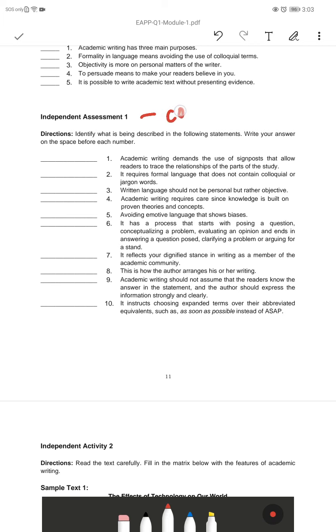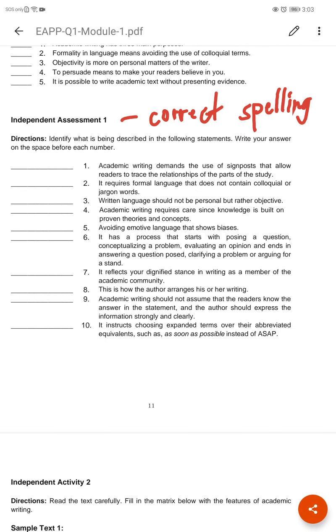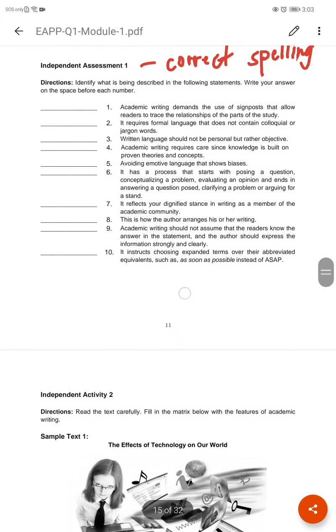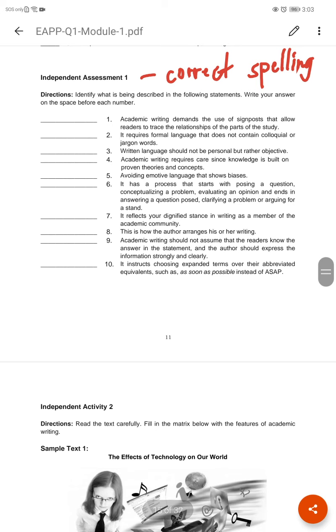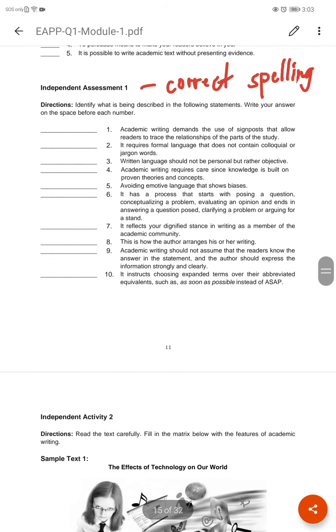Again, observe correct spelling. Okay? So, this is only identification. So, 1 to 10. Kindly write on your one whole sheet of paper, independent assessment 1. Write 1 to 10, and then write in there the words being described by these statements.